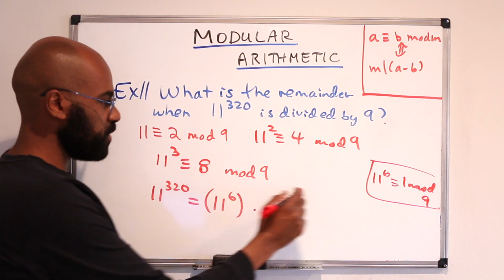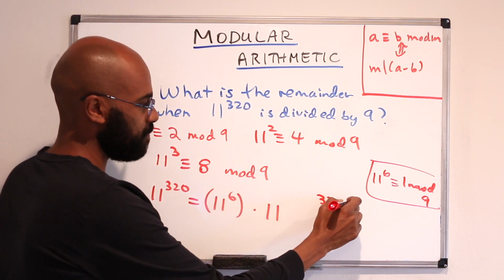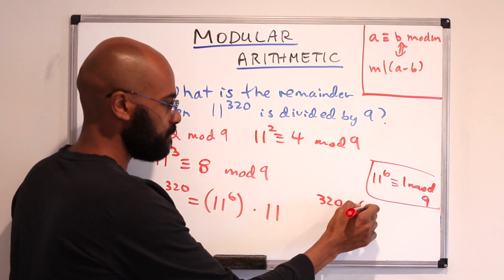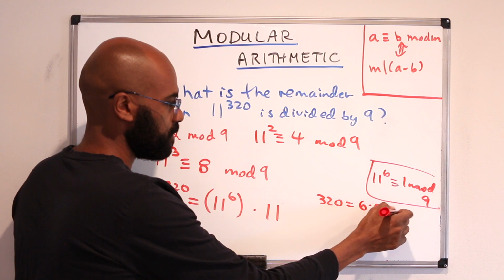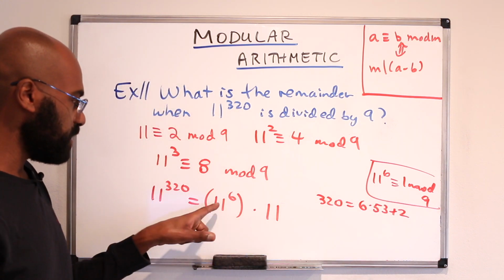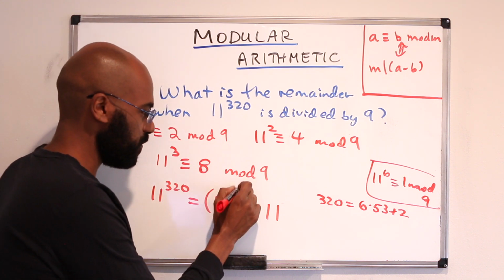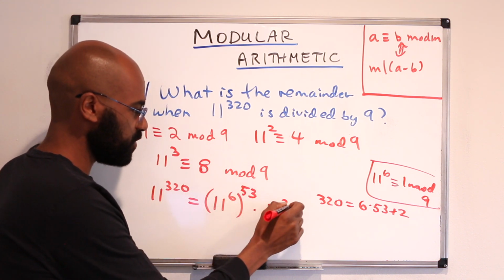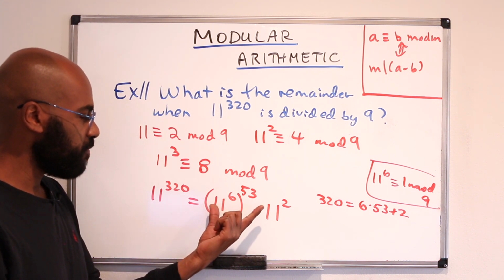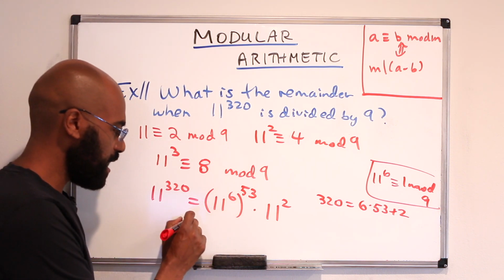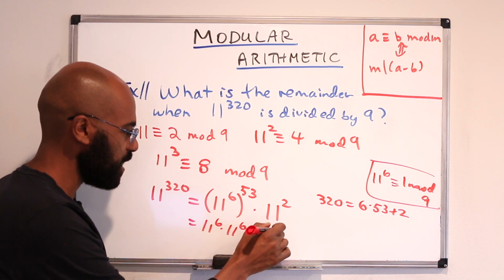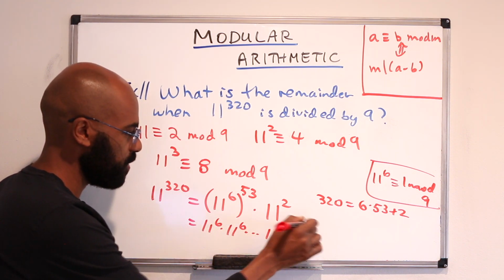If we took 320 and actually divided it by 6, we would get something like 53 and a remainder of 2. So this can be represented as 11 to the 6 to the exponent 53 times 11 squared. Okay, so if you look at this number, you can write it as 11 to the 6 times 11 to the 6 a lot of times, times 11 squared.